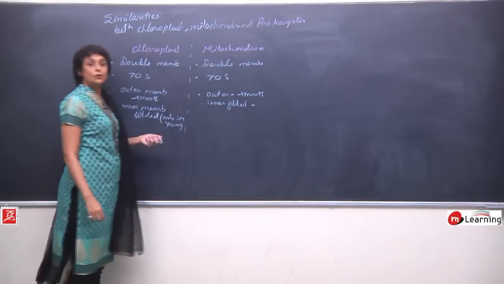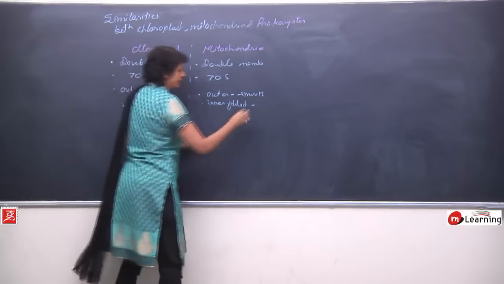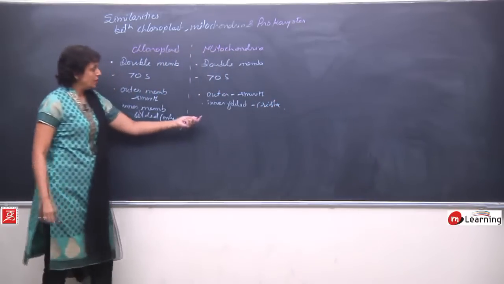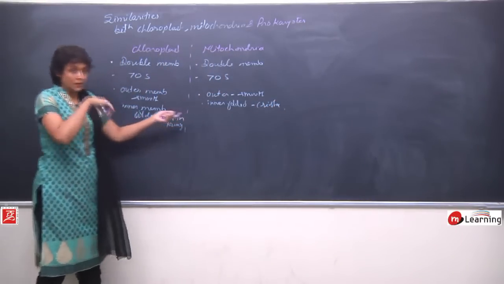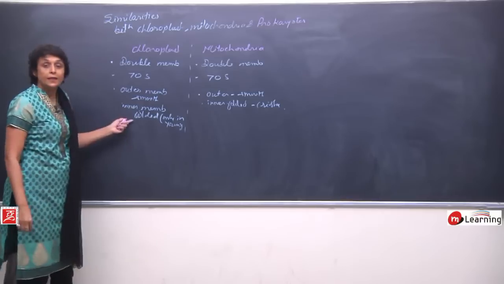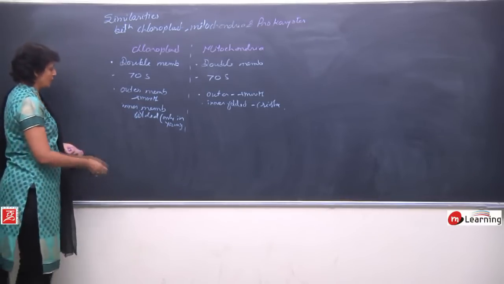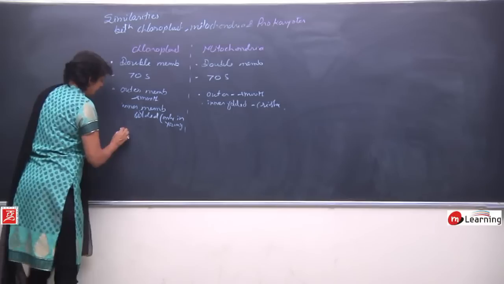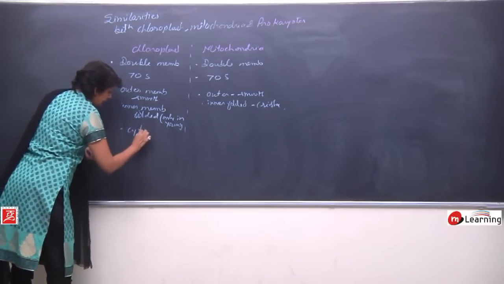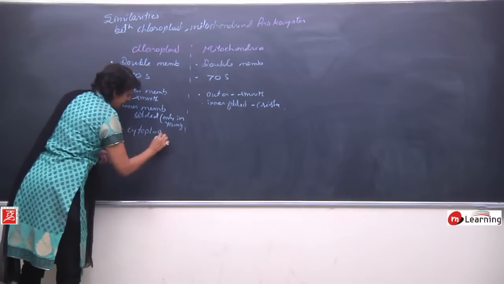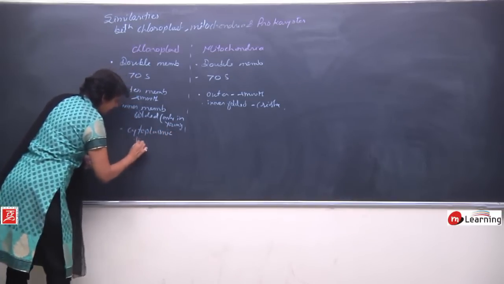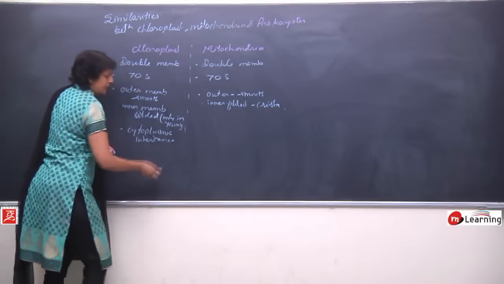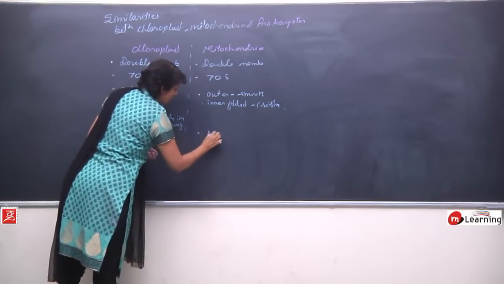These folds in mitochondria are known as crista. So these crista are found in young as well as mature mitochondria, but they disappear in mature chloroplast. Both help in cytoplasmic inheritance. Same in case of mitochondria.